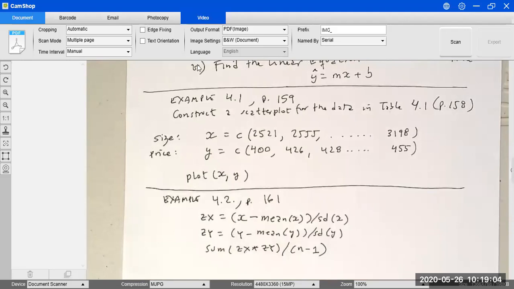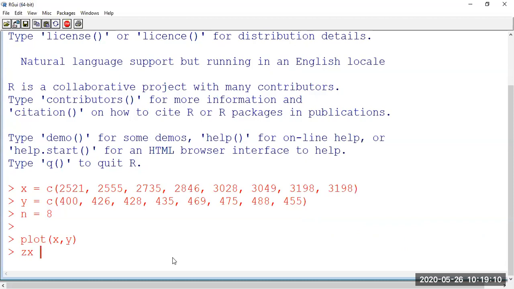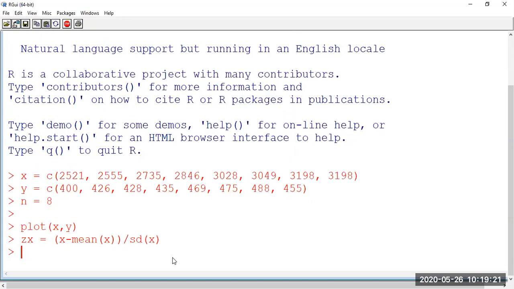Let me go back to my R console. So now I'm going to enter those formulas. The zx is just x minus the mean of x divided by the standard deviation of x, and zy is going to be y minus the mean of y divided by the standard deviation of y.